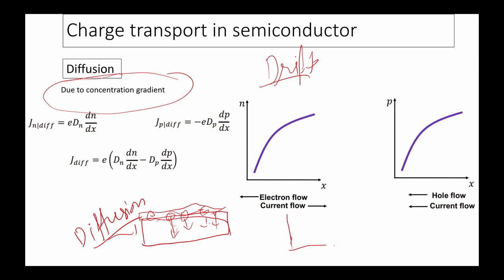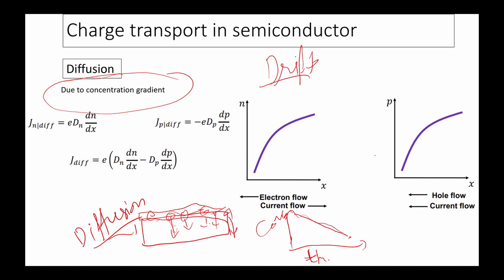Most of the time there is a gradient. This is the concentration on the y-axis, and this is the thickness, the depth of the semiconductor. With thickness, the concentration will decrease.